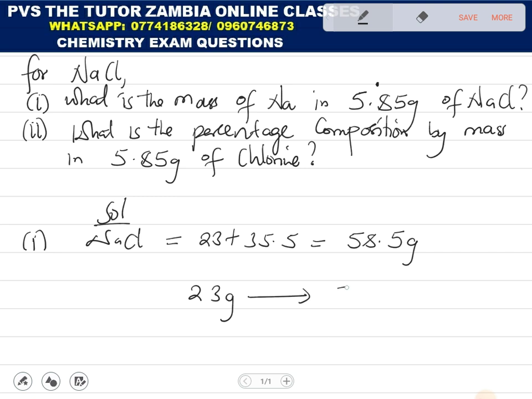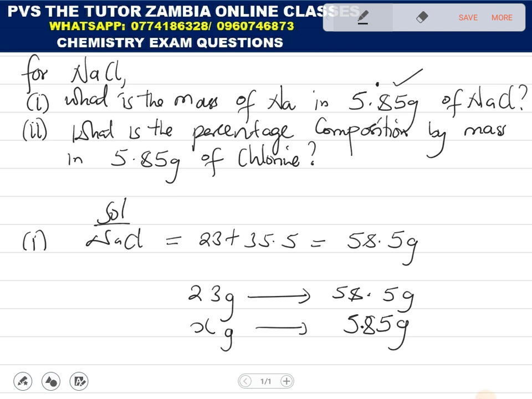It is going with 58.5 grams. Are we moving together here? Now, X grams of sodium is moving with what? That 5.85 here.